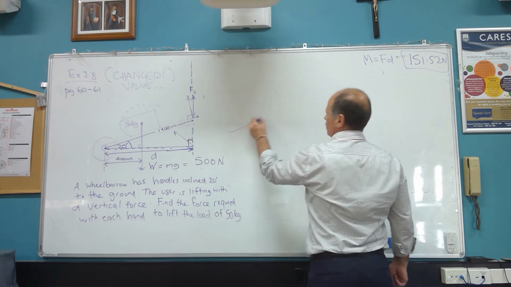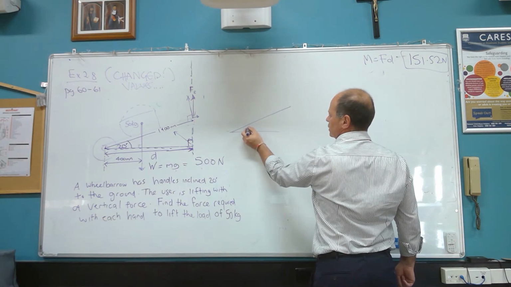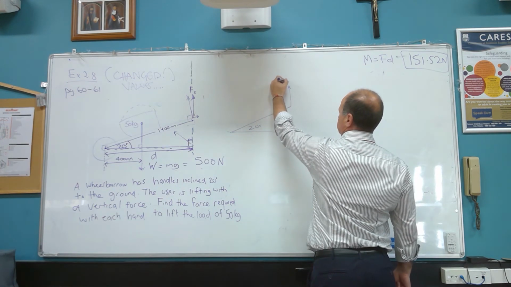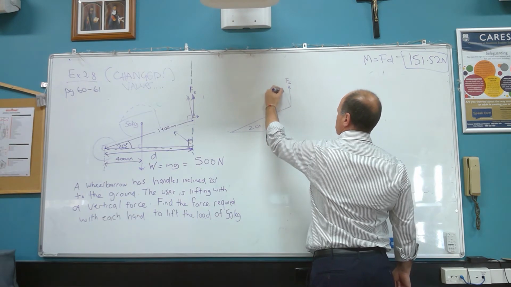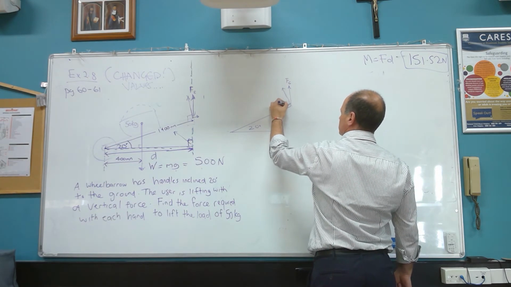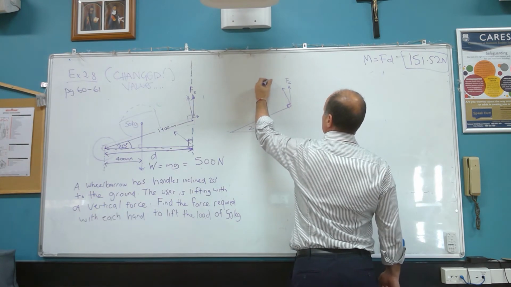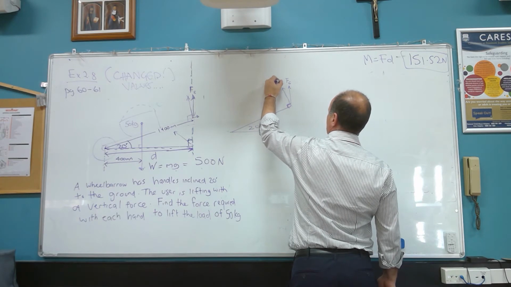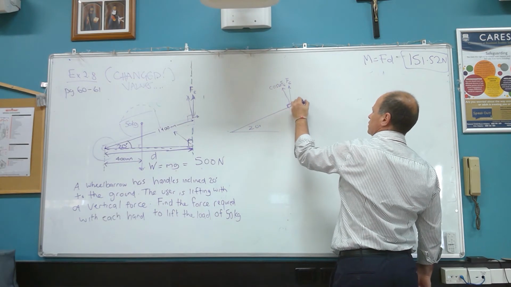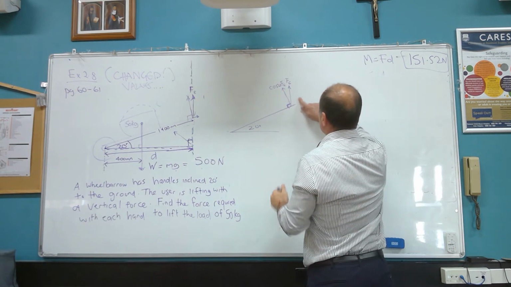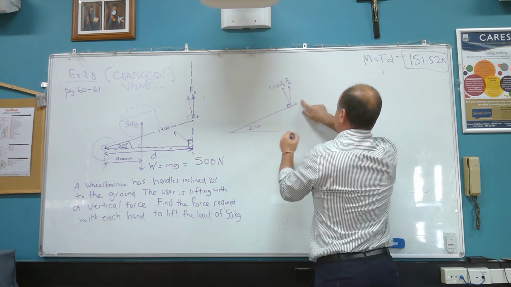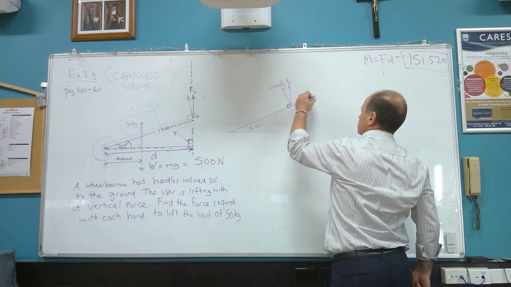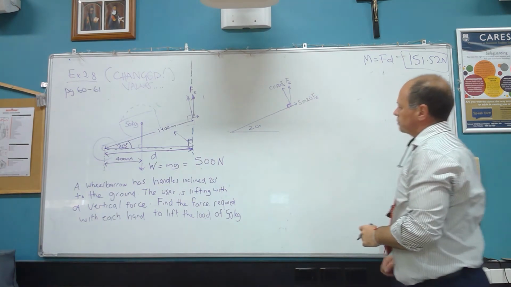So if we do a little breakdown here, just so we can see what's going on, we've got 20 degrees, we've got our force of effort acting straight up. The one that's at 90 degrees to the arm, okay, is going to be cos 20 times Fe, and the one that's acting straight along the arm, we need to break it down, that would be sine 20 times Fe, okay?